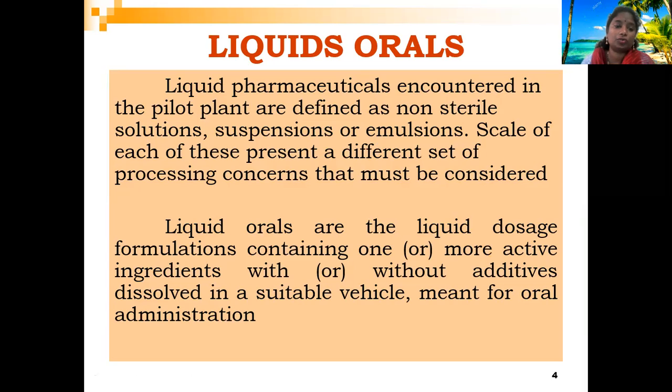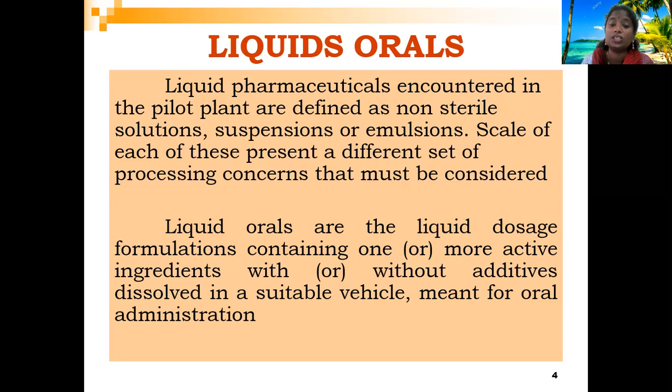Next, coming to liquid orals, the liquid dosage form contains one or more active ingredients, with or without additives, manufactured into a dosage form. Whether it is the active ingredient or the excipient, it should be dissolved in a vehicle, because it is a liquid.